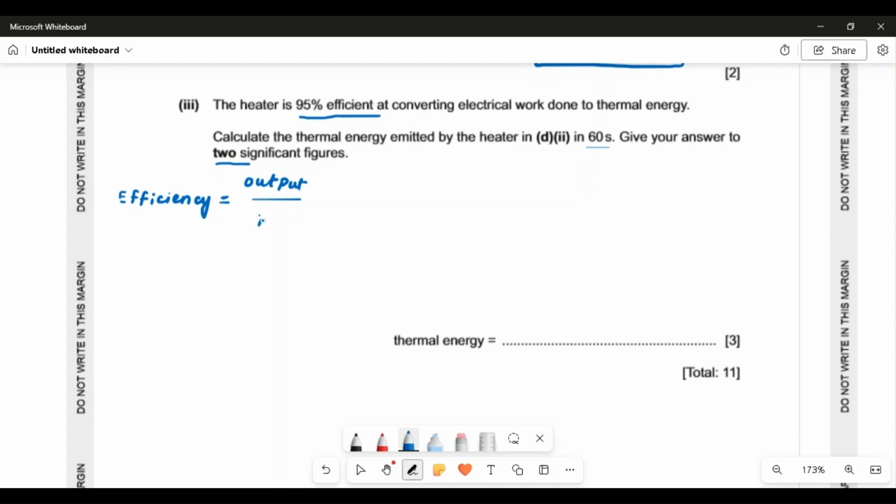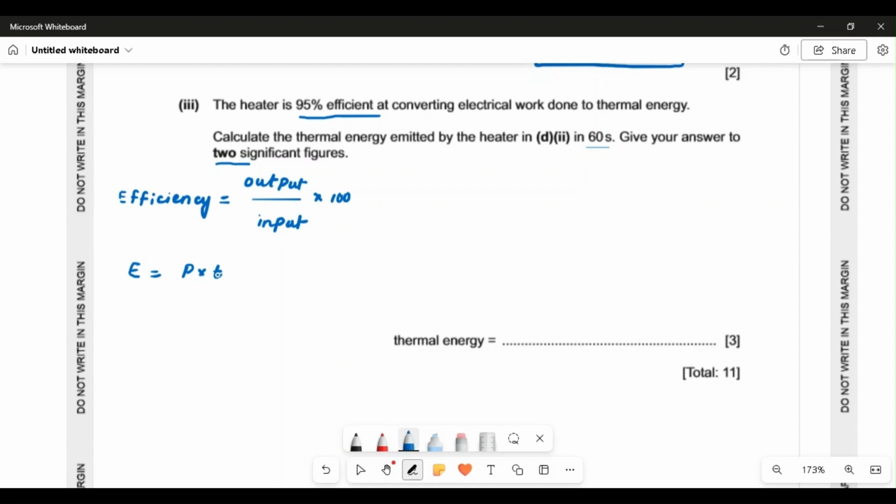over input times 100. So efficiency is 95%, and we are asked to find thermal energy. And you know that energy is equal to power into time.